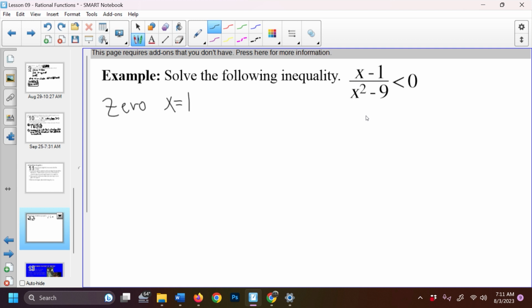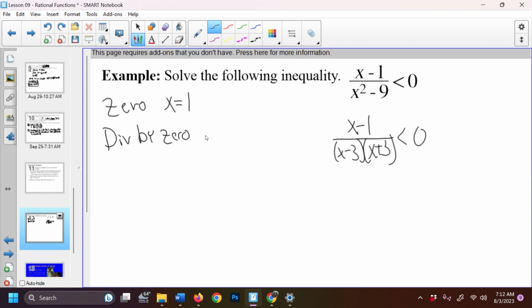In the denominator, if I factor it, this is a difference of squares again, so x minus 3 times x plus 3, and I have divisions by 0 at x equals 3 and x equals negative 3. These are going to be our critical numbers.